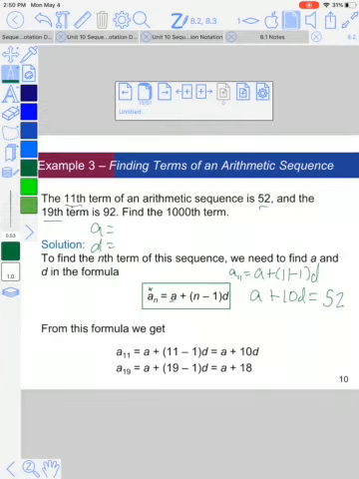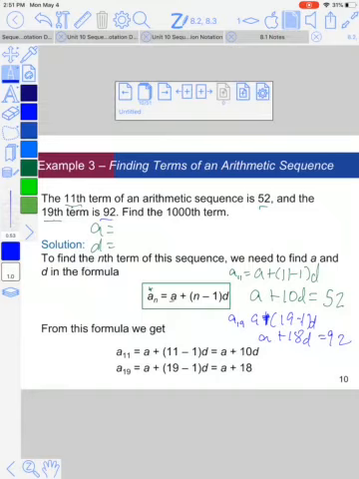I do the same thing for the 19th term: a sub 19 is a plus 19 minus 1, which is 18, times d, equals 92, because I'm told the 19th term is 92.